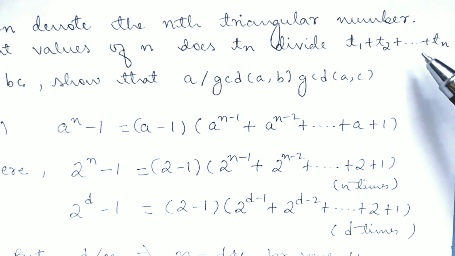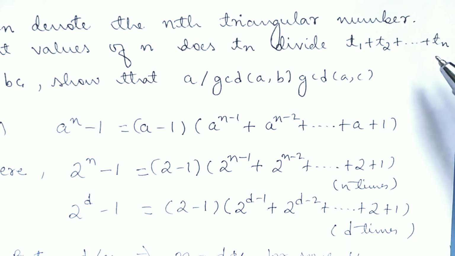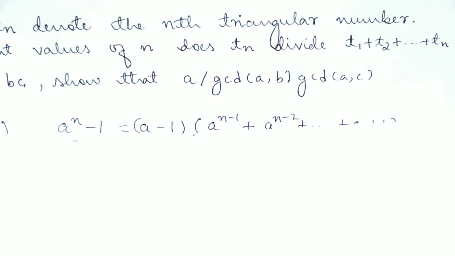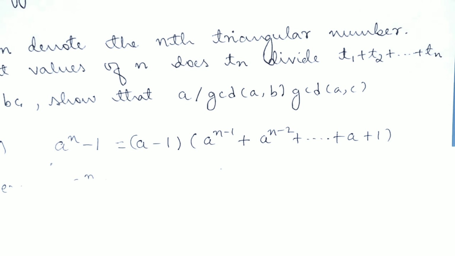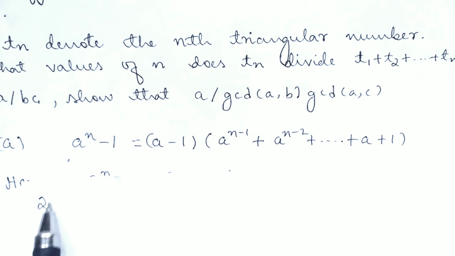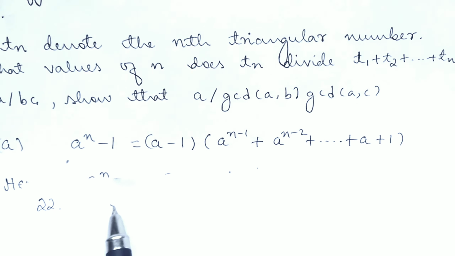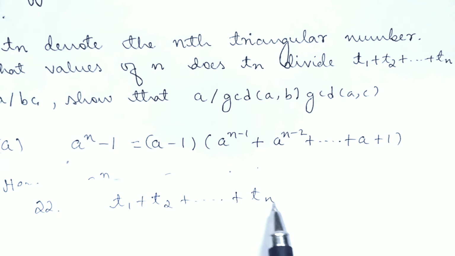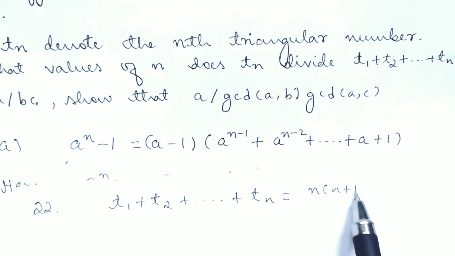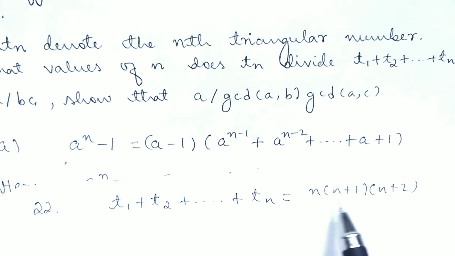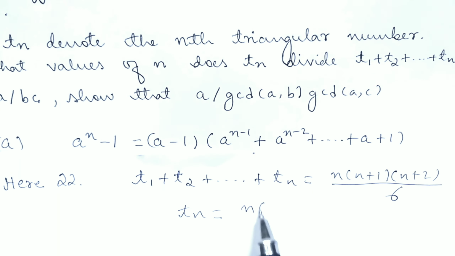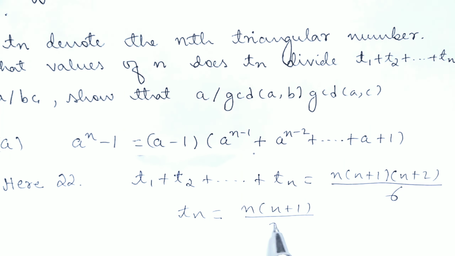This one you can check from problems 2.1, question number 22: T1 plus T2 up to Tn is equal to n times (n plus 1) times (n plus 2) divided by 6, and Tn is equal to n times (n plus 1) divided by 2.